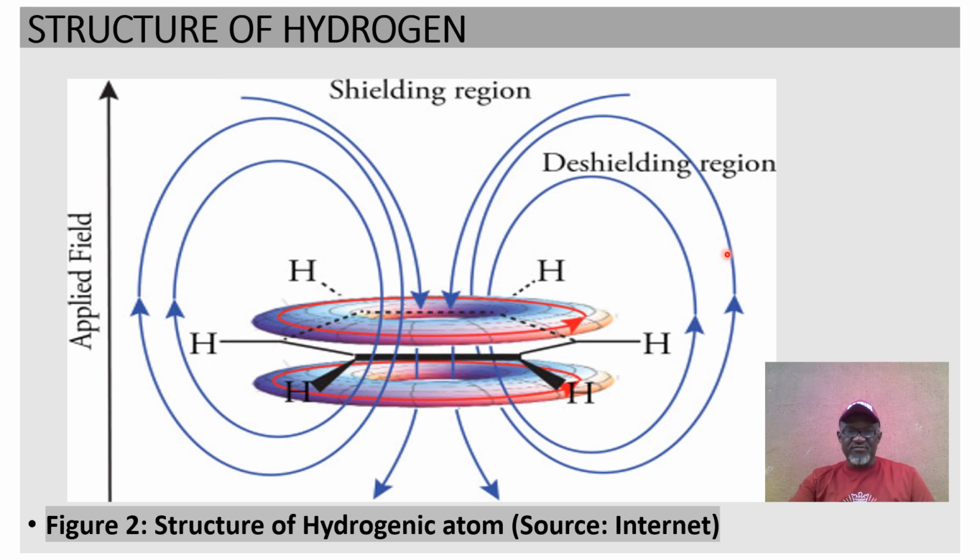Now look at the structure of the hydrogen atom. In fact, we have tried to bring this up here for you to understand the shielding and de-shielding regions. Applied force, look at the applied field here. Now you see how these forces go. The shielding region, we have our hydrogen. Look at the bond, there's a bond here. Look at another shift for another bond here.